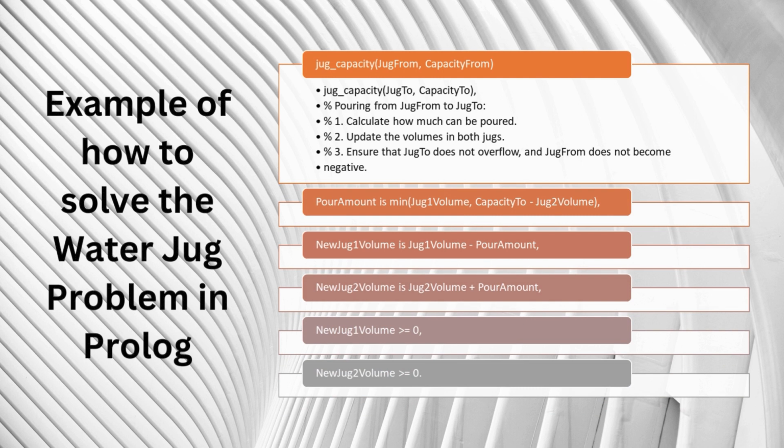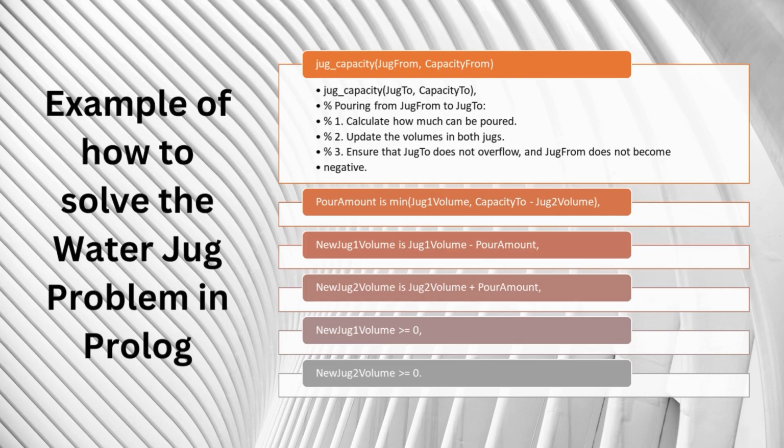Pour amount is minimum(jug1 volume, capacity2 - jug2 volume), new jug1 volume is jug1 volume minus pour amount, new jug2 volume is jug2 volume plus pour amount, new jug1 volume is greater than or equal to 0, new jug2 volume greater than or equal to 0.